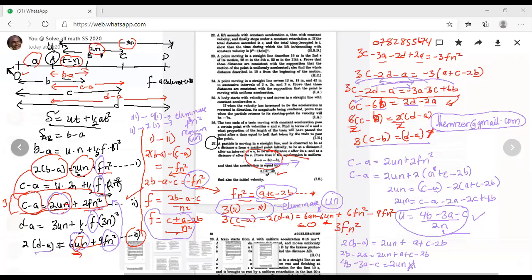Now, after that, it is telling you to prove that the acceleration is that, which acceleration we had already known was uniform. We did not know its value, but we knew it was uniform, meaning every equation has to have the same acceleration. Find also the initial velocity.